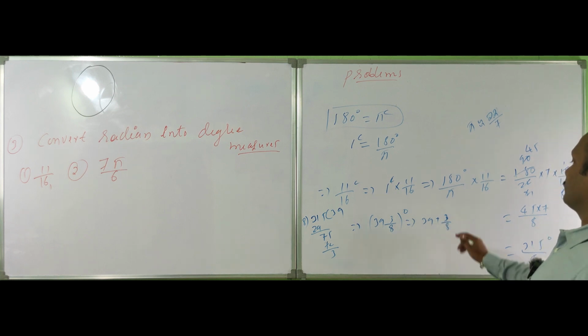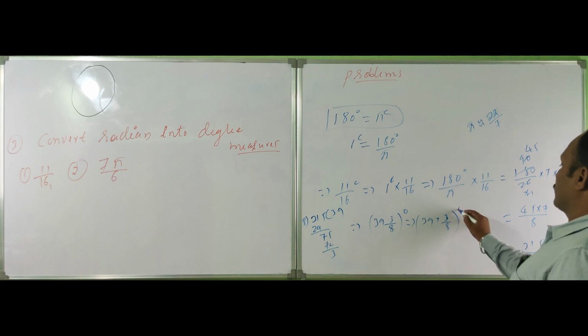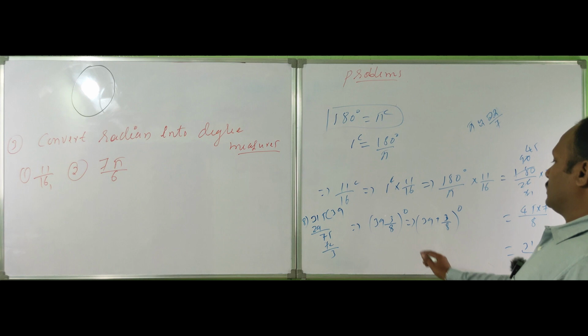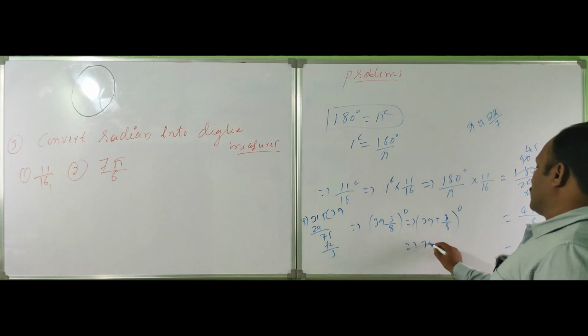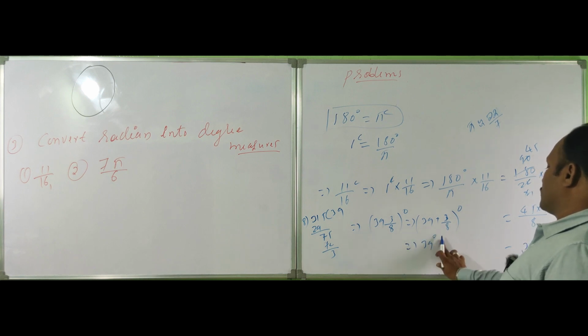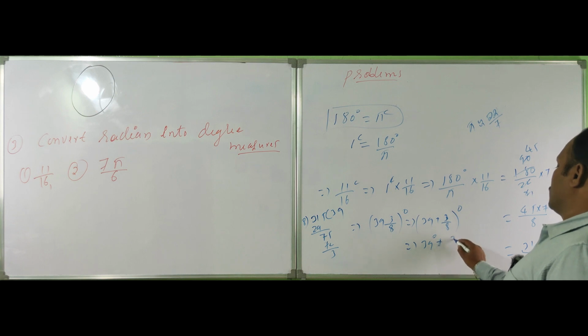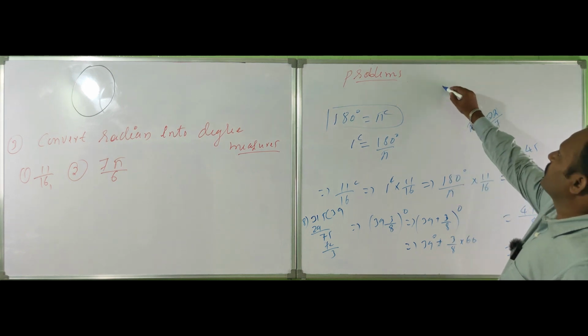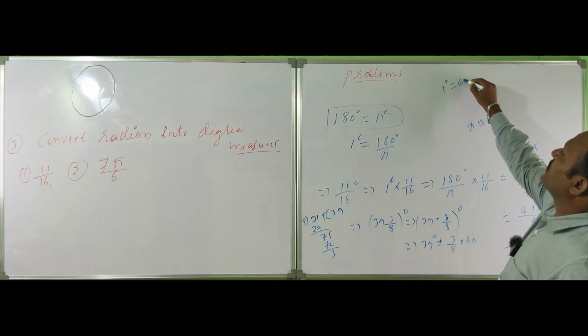You can write 39 degree plus 3 by 8 into 60. One degree is equal to 60 minutes.